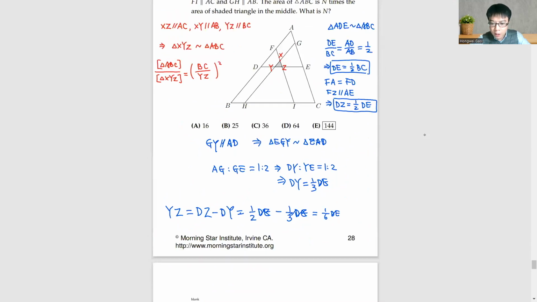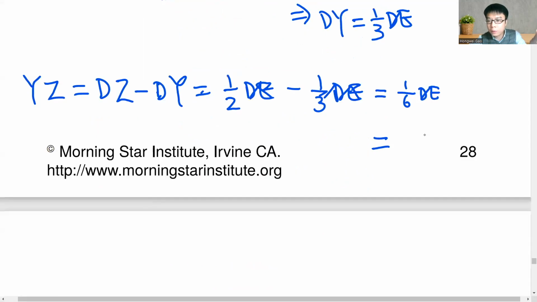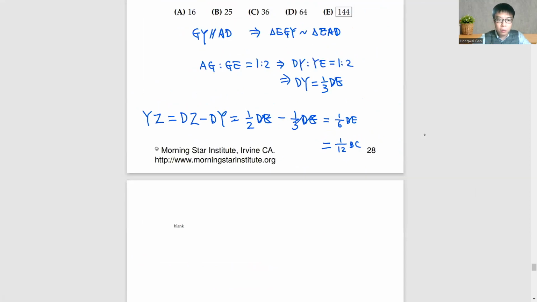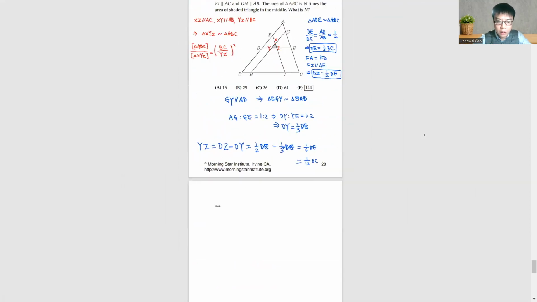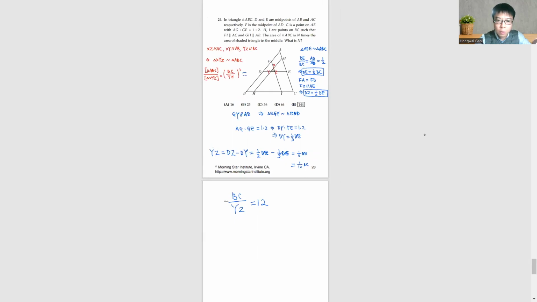So YZ is 1/12 of BC. Accordingly, we know this ratio, right? So we know BC over YZ equals 12. And the answer here is N, right? N is this square. So N is basically 12 squared, which is 144. So our answer is 144 here.